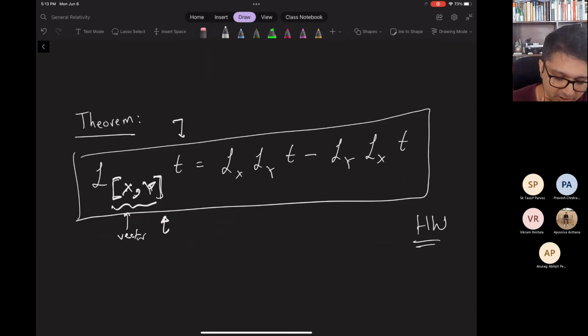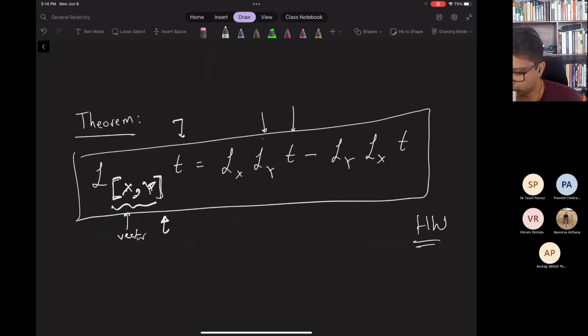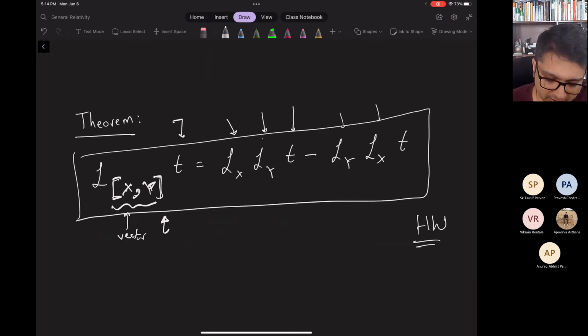And if I differentiate a tensor with respect to that vector field, then this is the same as first taking the Lie derivative of the tensor field with respect to y, then taking the Lie derivative with respect to x, and doing the operations in reverse and subtracting that.